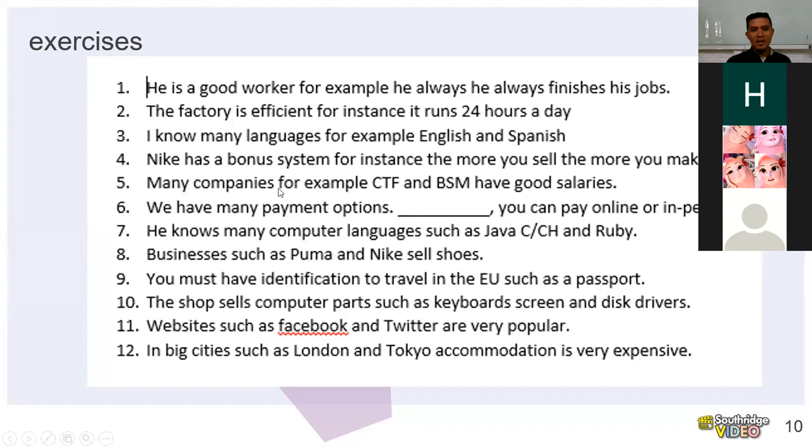Okay. Many companies, comma, for example, comma, CTF and BSM have good salaries. Yeah, that's right. That's correct. Number 6. Who will do number 6?